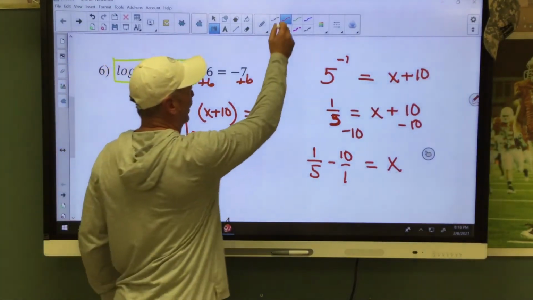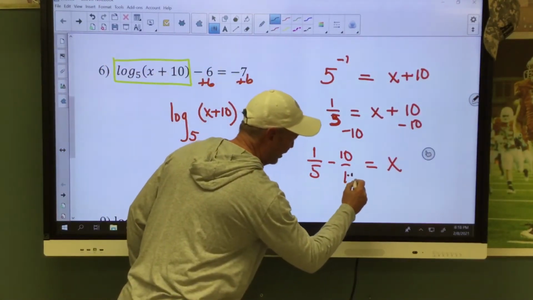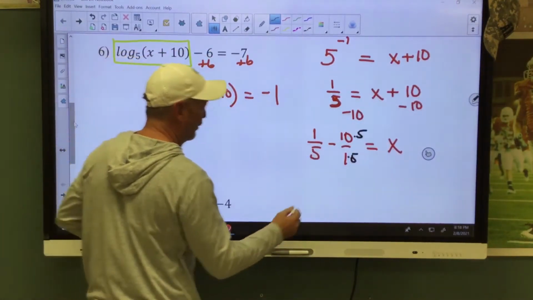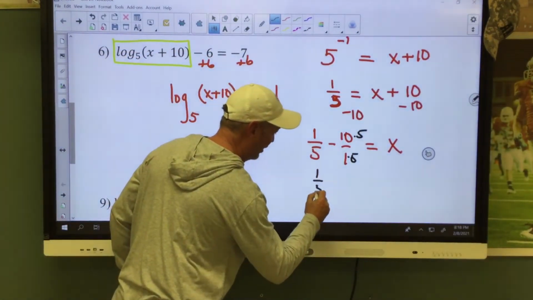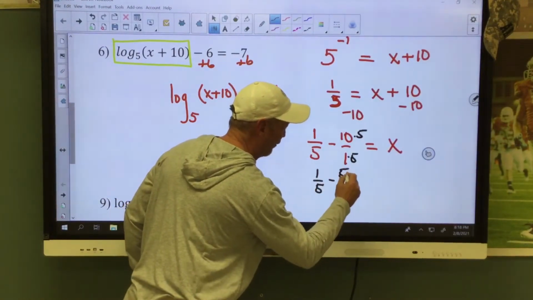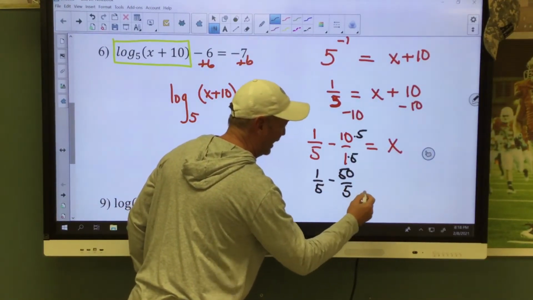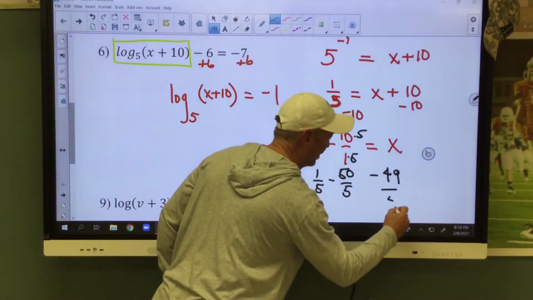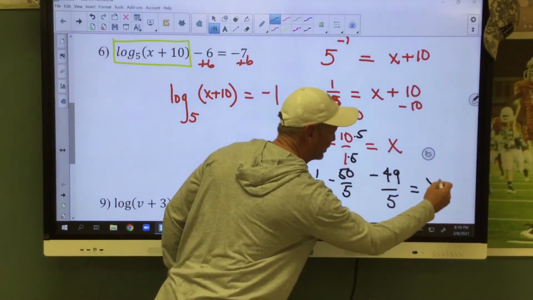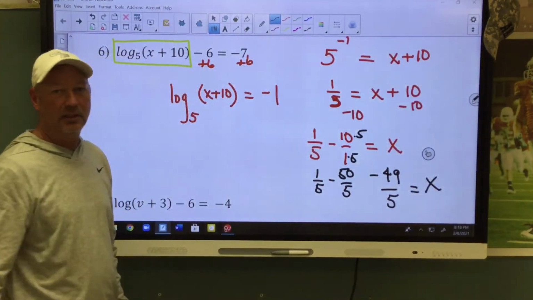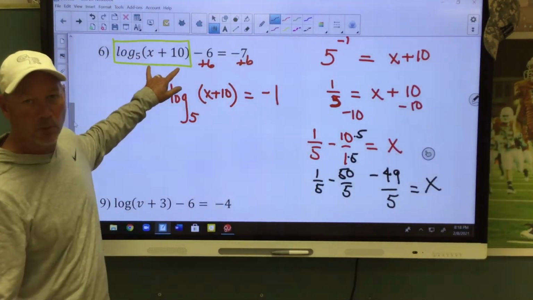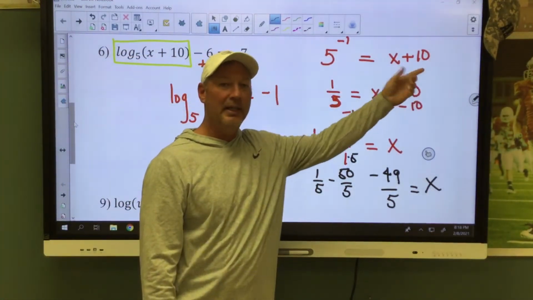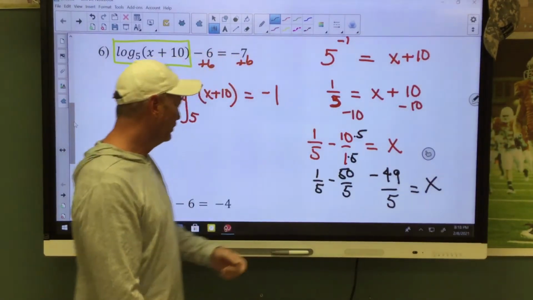So we're going to multiply the bottom times 5, we're going to multiply the top times 5, and that will give me 1/5 minus 50 over 5, and that's going to equal -49 over 5 equals x. So what are we trying to do? We're trying to get the log portion by itself, and then we're going to convert it to exponential form, and then solve that equation. Let's try another example.